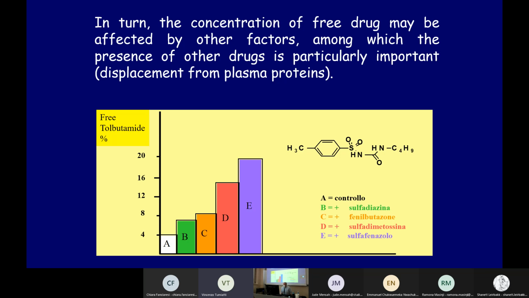And if the two drugs have a very similar chemical structure, it is possible that the two drugs interact with the same site on albumin, for example. In this case, you have a competition between the two drugs for the same site.